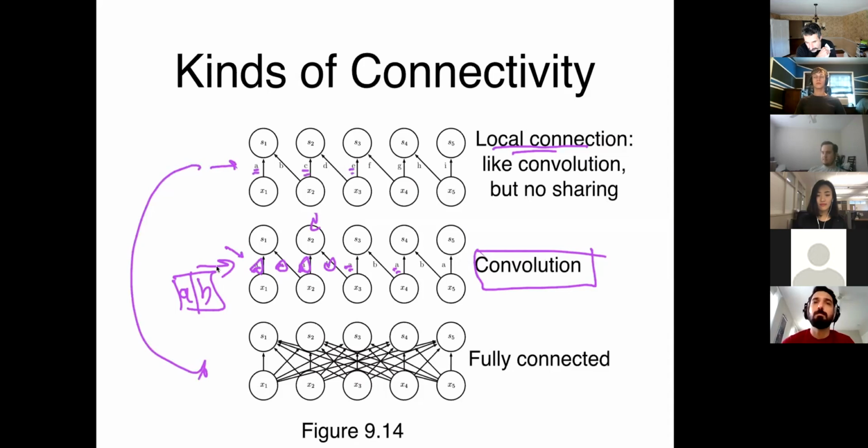This is basically a local connection, similar to convolution, but every parameter is different, while the connections are still local. Sometimes this kind of operator might be useful depending on the kind of task you want to do.